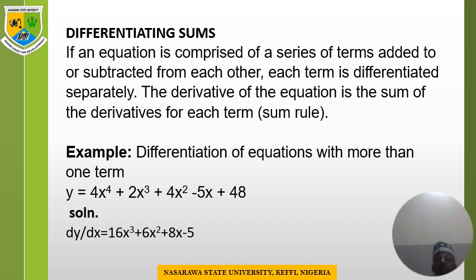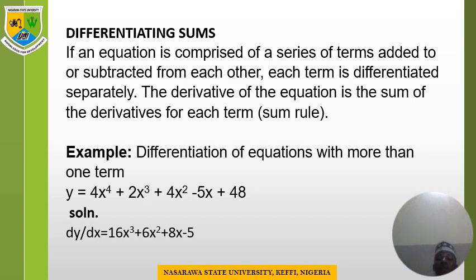If you look at the next, it is 4x raised to power 2. If you want to differentiate it, you can say 2 times 4, which is 8, and 2 minus 1 is 1, and x raised to power 1 is just x. That is why we have 8x. And the next one is minus 5x, where we have 1 as the index multiplying by 5, the same thing as minus 5, and 1 minus 1 is 0, and x raised to power 0 is 1.